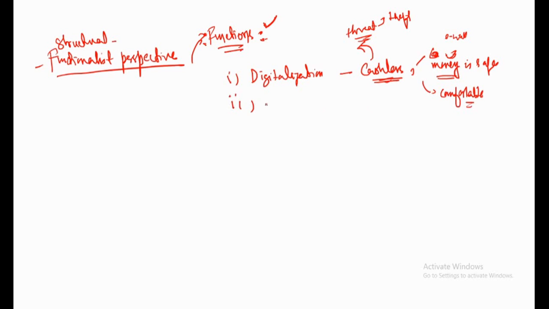Second, the counterfeit currency that was there with the terrorists was eliminated. So this was also a function.